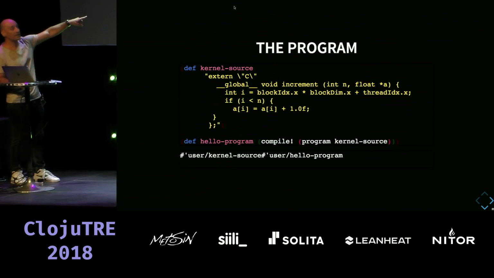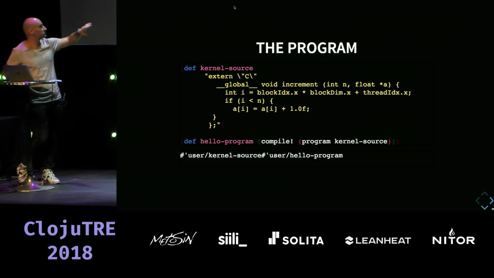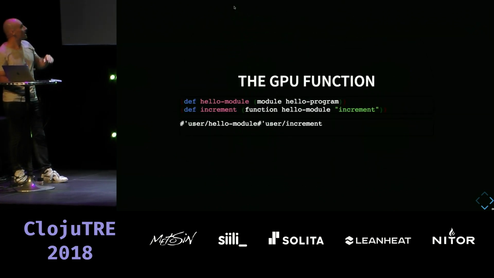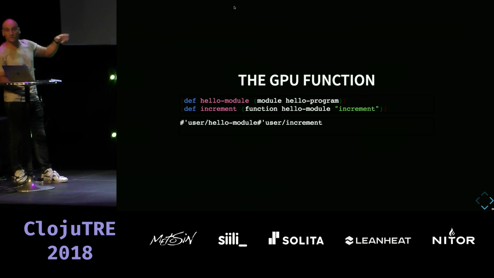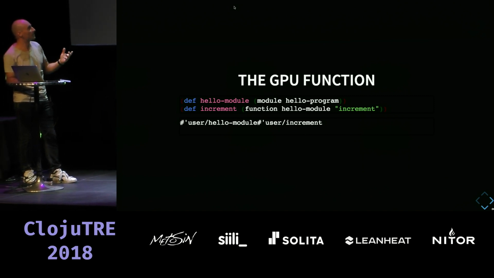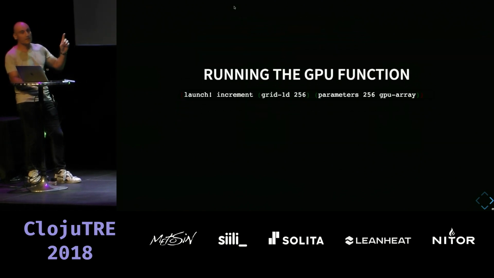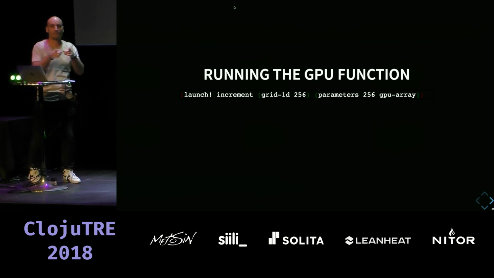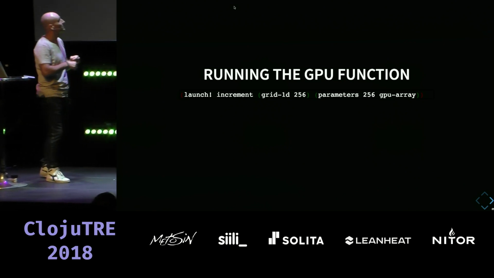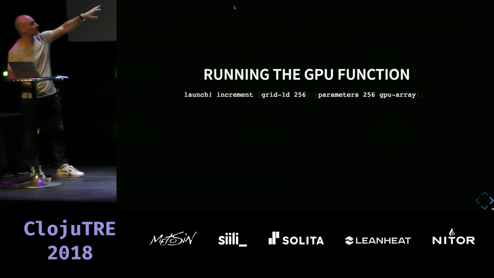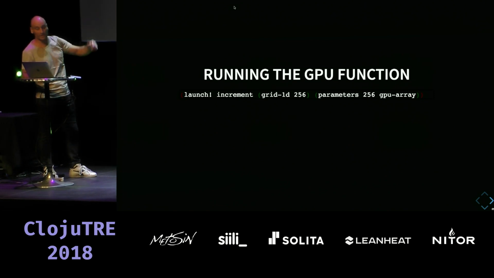I compile this kernel from my REPL. I get the program. I can get the function as a high-level object, work with it. And finally, I invoke it by calling the launch function and just give it a grid of parallel hardware threads to compute it and give it the parameters, GPU array, of course.